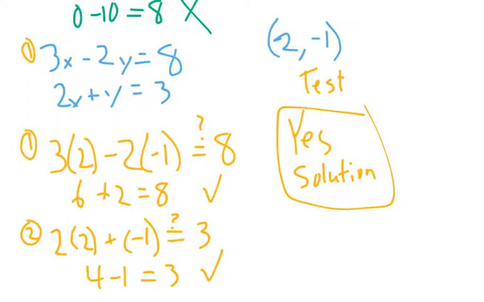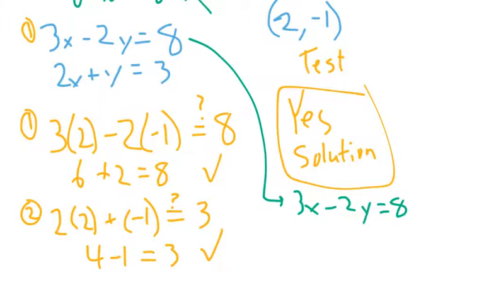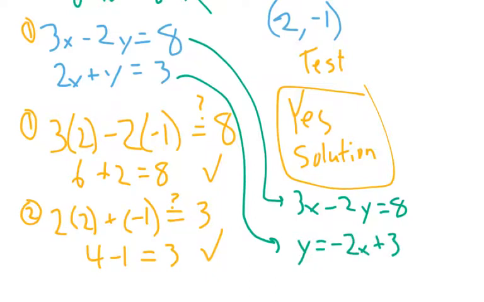Now, one thing I'd like to point out really quickly is that you could have this in a slightly different look. We could still have this one be 3x minus 2y equals 8, but the second equation could be written a little bit differently: y equals -2x plus 3. It's the same equation.